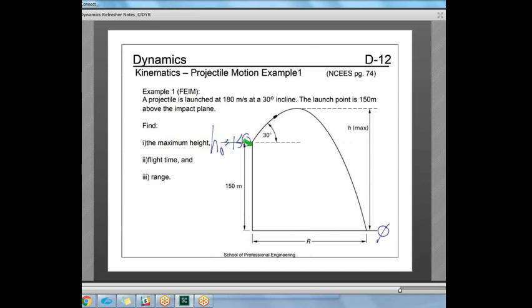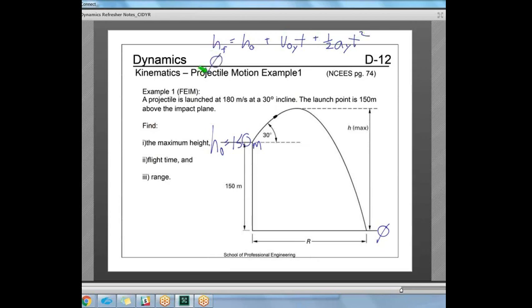Can you tell based on this? What are we going to use for height at impact? Yeah, it's down here at 0. And our H naught we've been using is 150 meters.